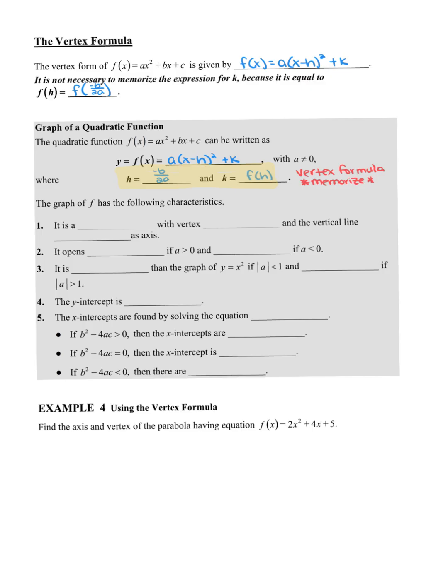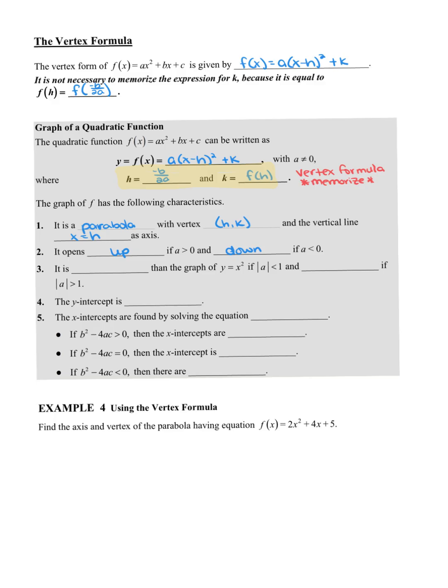The graph of f has the following characteristics. It is a parabola with a vertex h, k and the vertical line x equals h as its axis. It opens up if a is greater than 0 and down if a is less than 0.